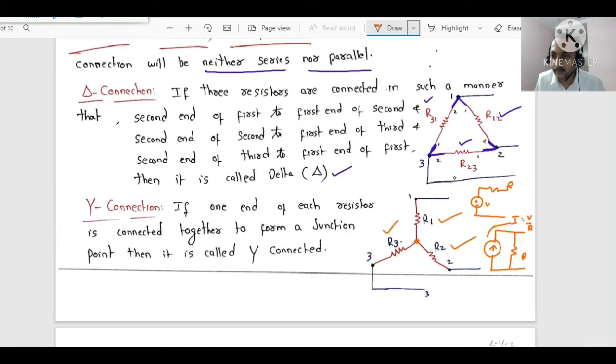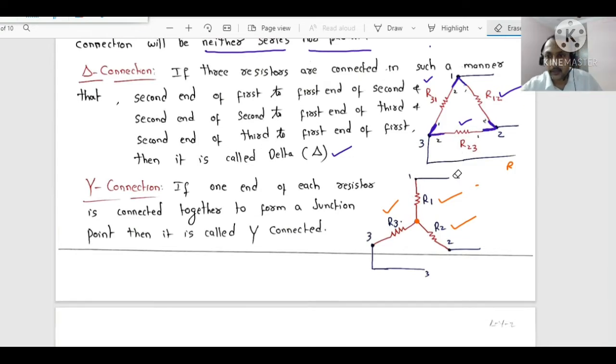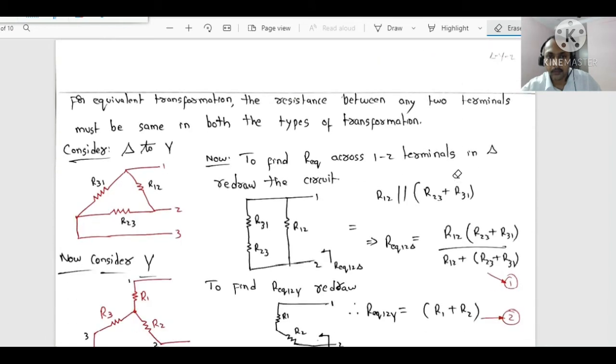V divided by R. Similarly, while transforming the given delta to the star, what should be the value of R1? How much should it be in terms of R12, R23, R31 that we have to express? Dear students, observe.